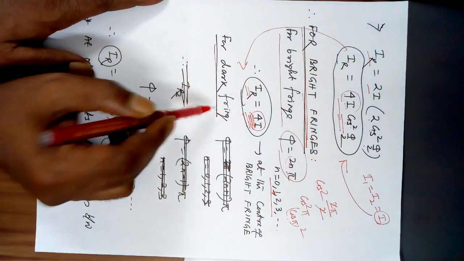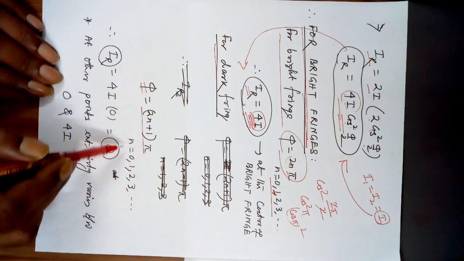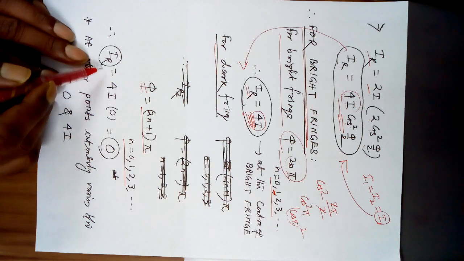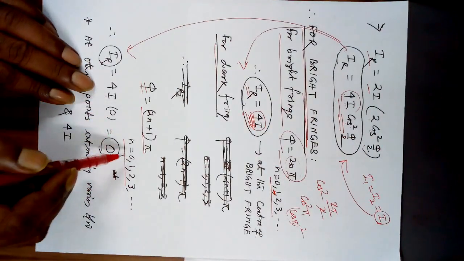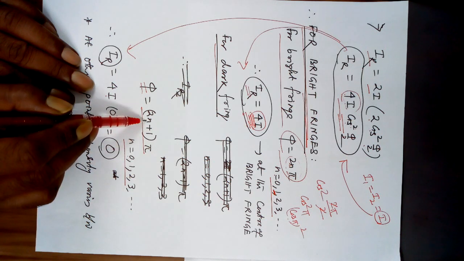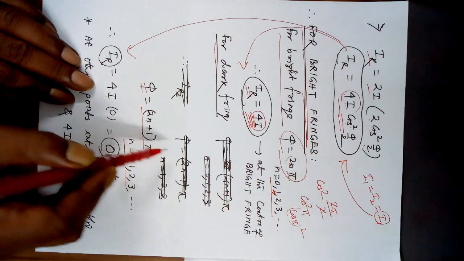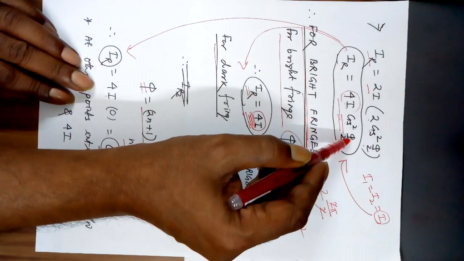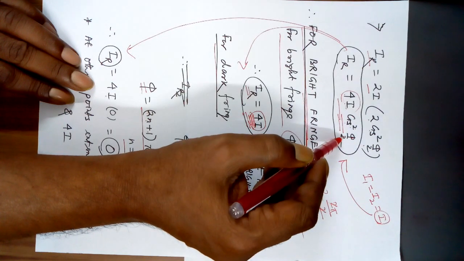Now what about dark fringes? For dark fringes the condition phase difference was this, where n is equal to this. Now let us put it here. So for n is equal to 0, this becomes 0 plus 1, pi. So phi is equal to pi, and phi by 2 is pi over 2, that is 90.